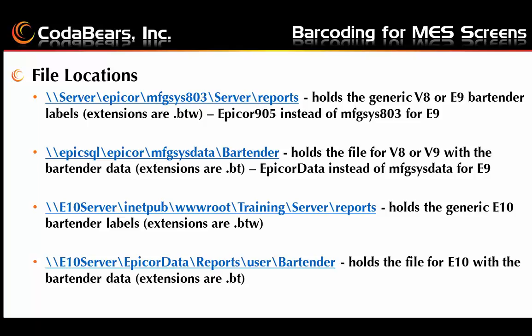And then your data files are shown in the last file path, which could be slightly different for your server again. The top folder under your server is Epicor data, and then of course reports, and then your username is where the file is output to a Bartender folder, and that holds your Bartender data, which has the extension of BT.